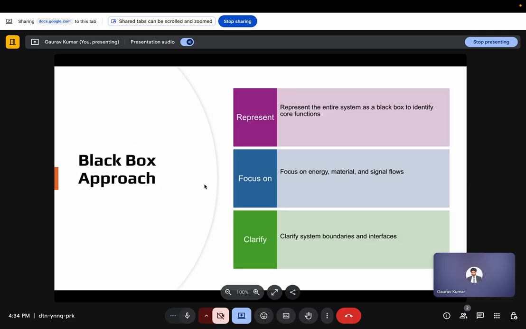Now next one is the black box. The black box models the system as an input, transformation, and output, tracked across energy, material, and signal flows. Details are deferred. So boundaries and interfaces become explicit.